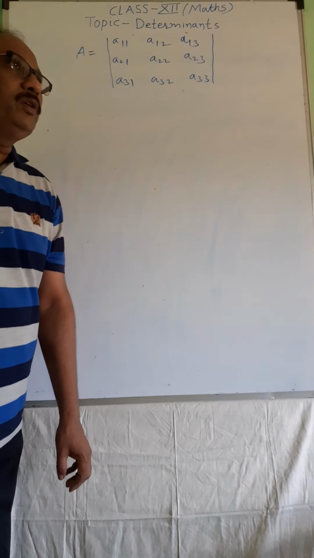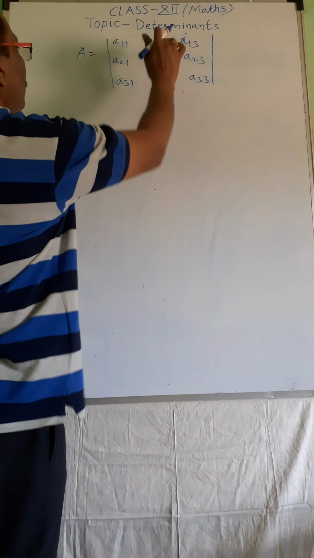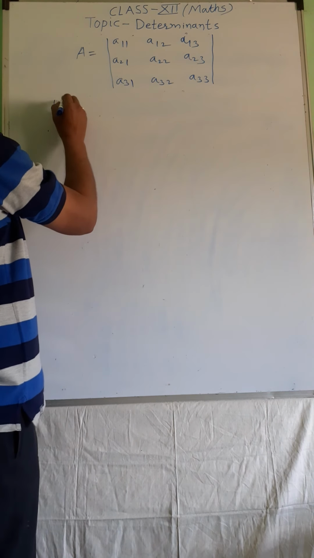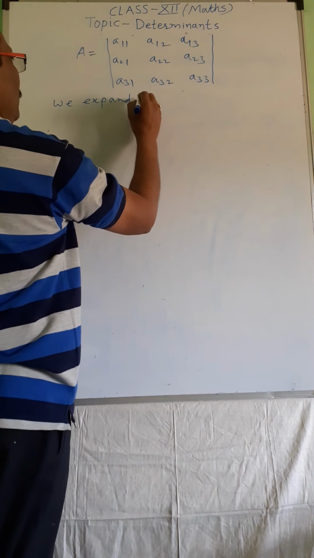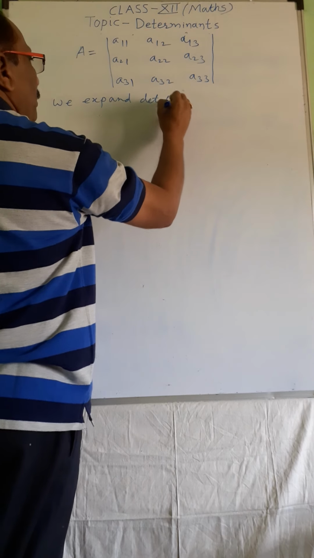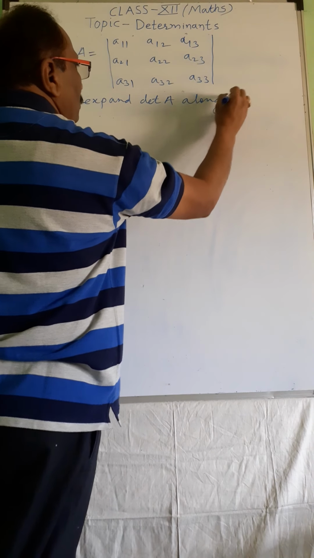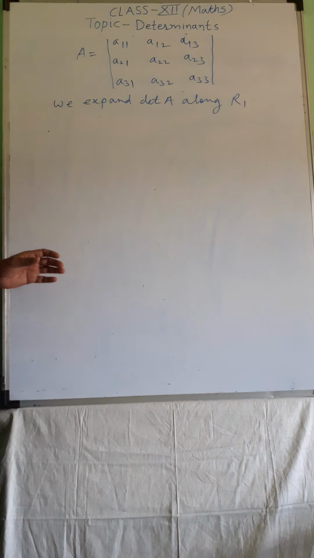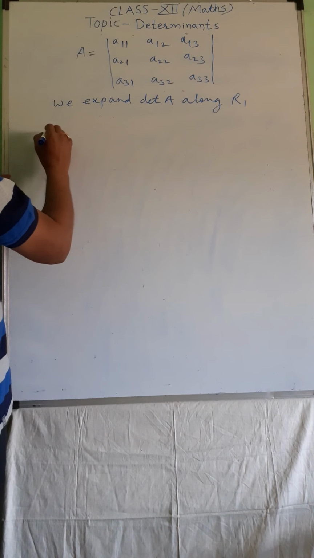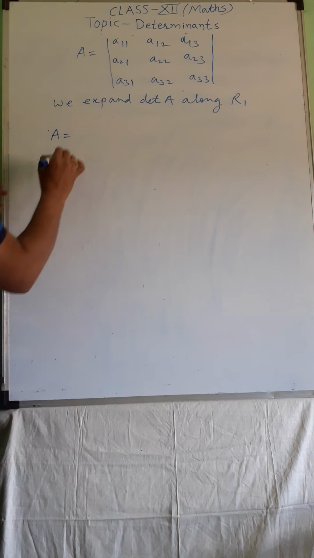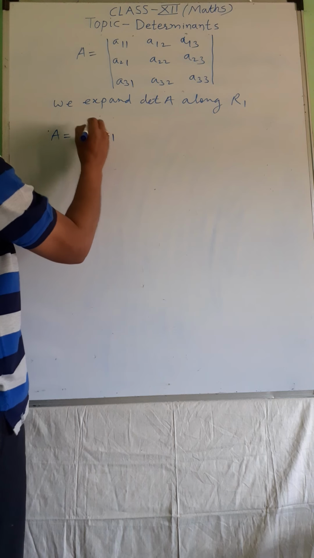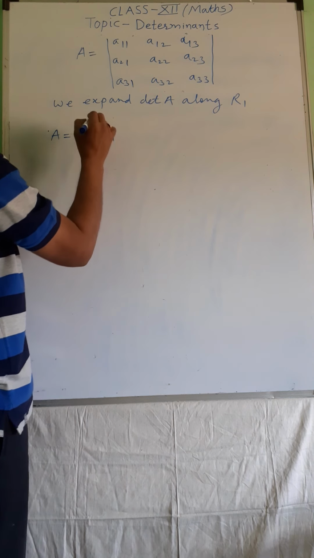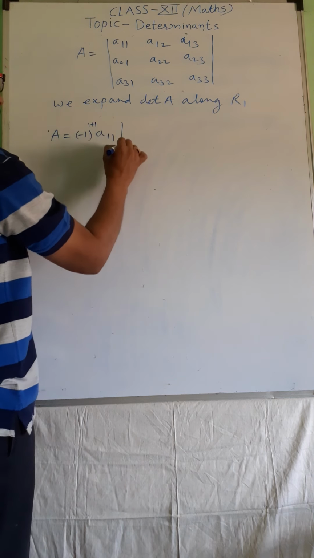Now we expand this determinant along the first row, that is along R1. Determinant A is equal to: we take the first element A11 as it is, times minus 1 raised to the power 1 plus 1, into the determinant.